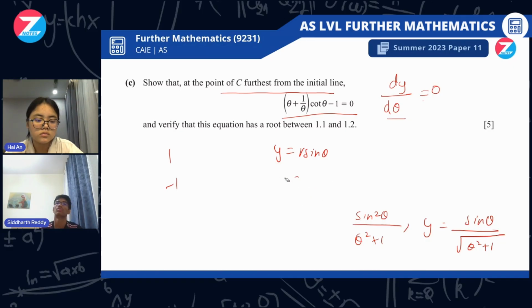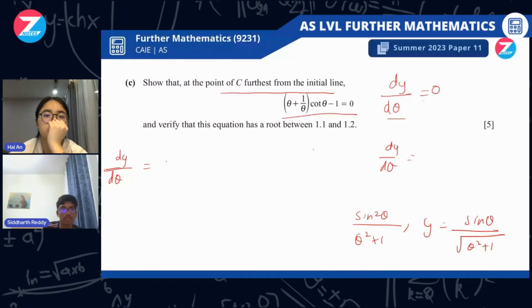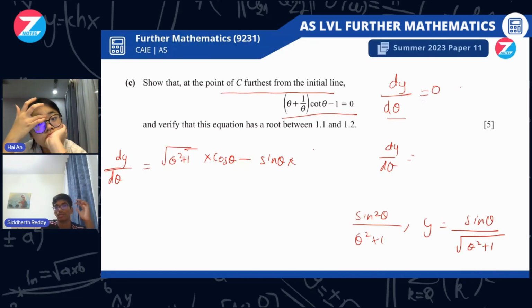You should know how to differentiate fractional functions. So dy by d theta is equal to the denominator, which is root theta square plus 1, times the derivative of the numerator, which is cos theta, minus the numerator, sine theta, times the derivative of the denominator. A useful thing to have on hand is that the derivative of root x is 1 by 2 root x.